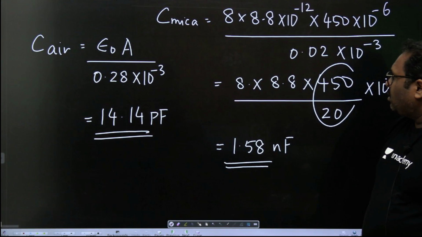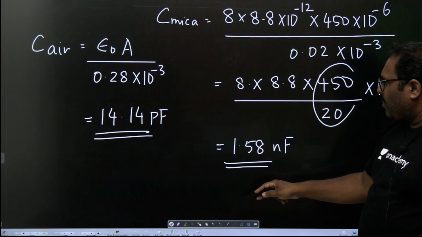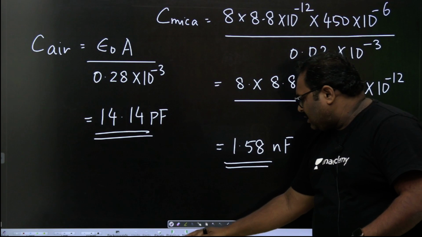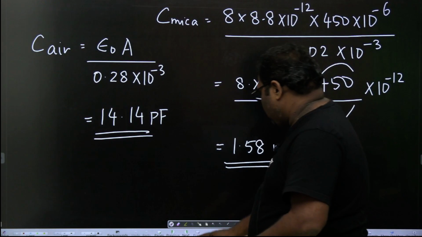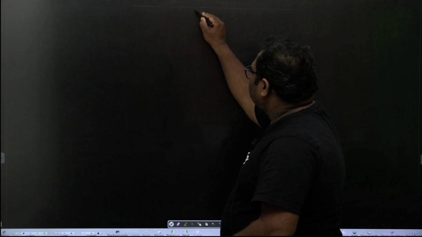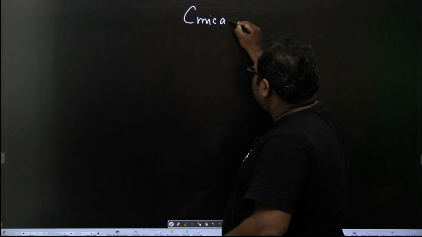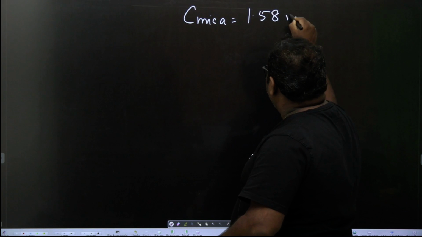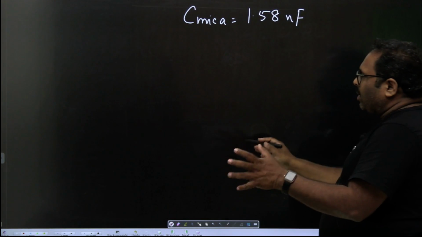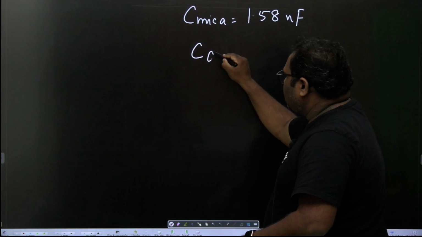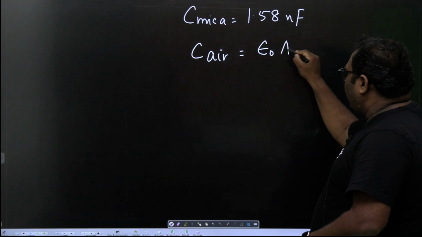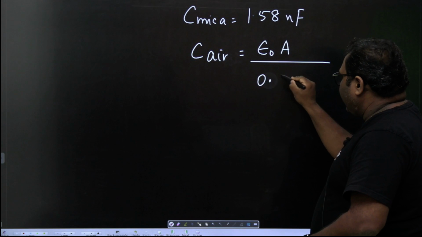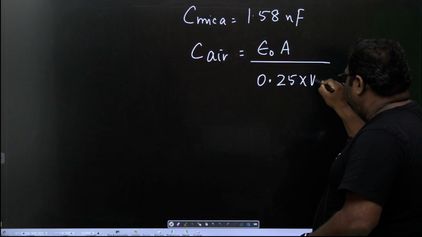That means this is not going to be affected. You have to change your C capacitance of the air. That means C of the mica is still the same, 1.58 nanofarads, not affected by displacement. C of the air you have to calculate with epsilon naught area by distance being 0.25.